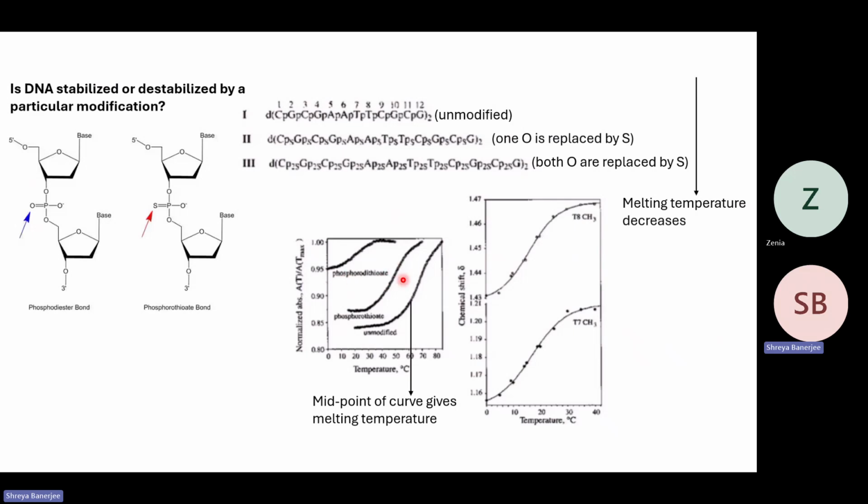Now, you can plot absorbance with respect to temperature, or you can plot chemical shift with respect to temperature. These are all showing this kind of 2-state transition where the DNA is going from a folded to an unfolded state. And the midpoint of these curves will give you the melting temperature at which the unfolding is starting.